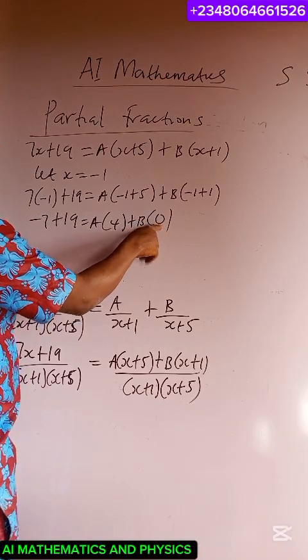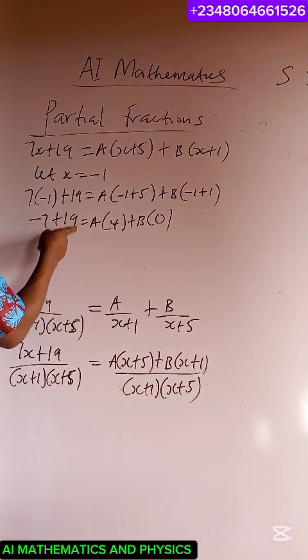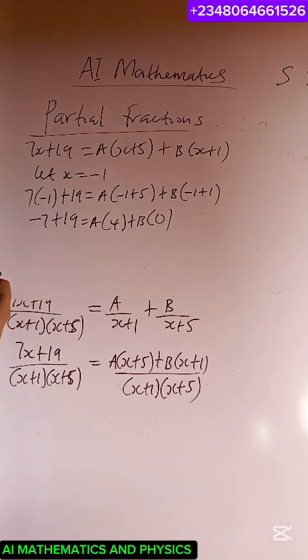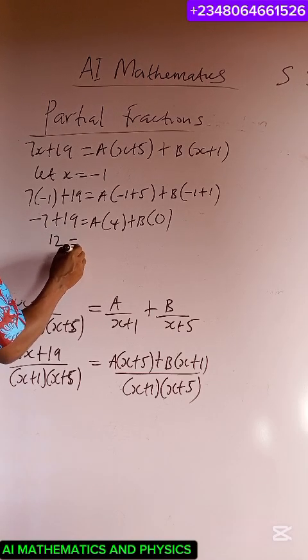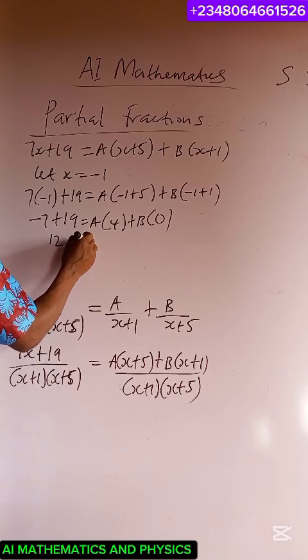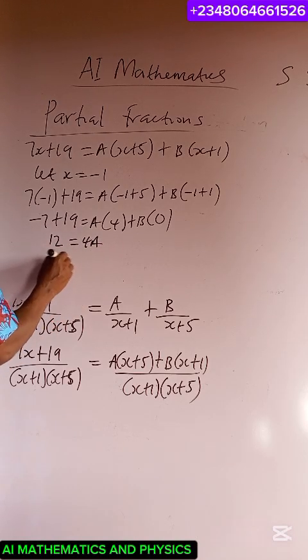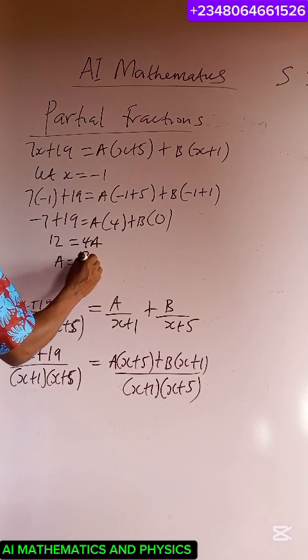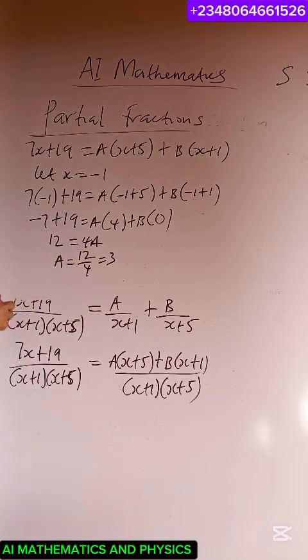And b times 0 gives us 0, which means minus 7 plus 19. That will give us 12. 12 is equal to 4a, which means our a will be equal to 12 over 4, which is equal to 3. So we are able to find the value of a.